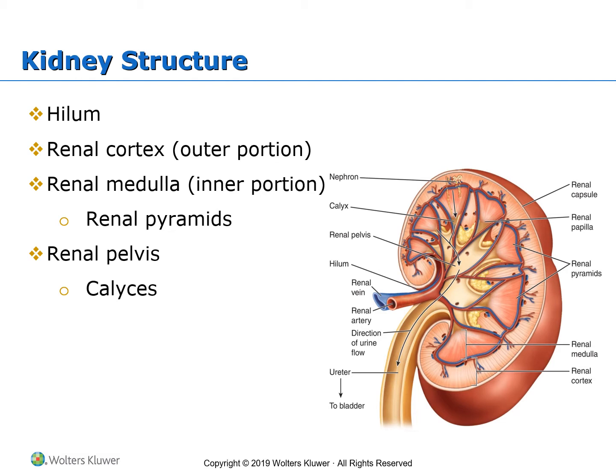There are cup-like extensions of the renal pelvis that surround the tip of each pyramid and collect the urine. Because of that, they are called calyces, like the old type of cup that kings used to drink from. The urine that collects in the pelvis is then passed down the ureter towards the bladder.